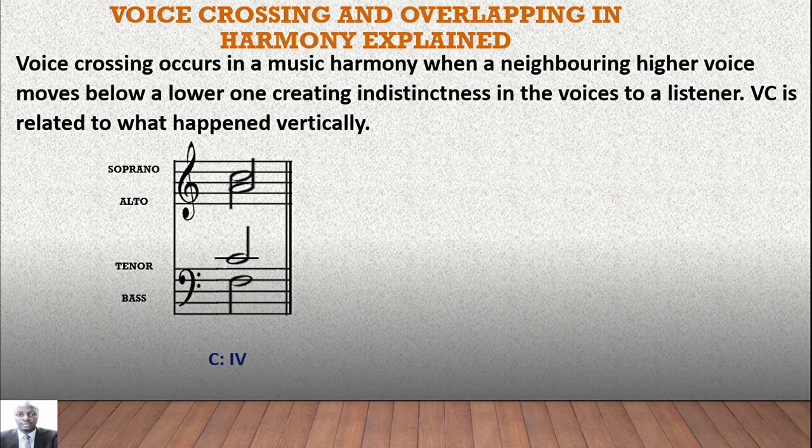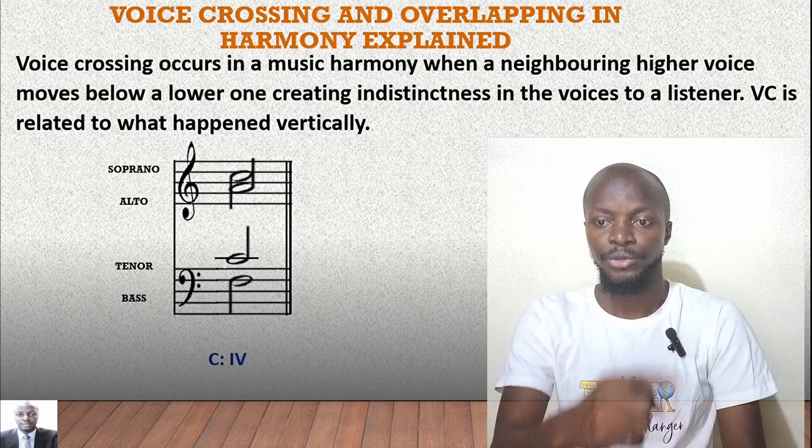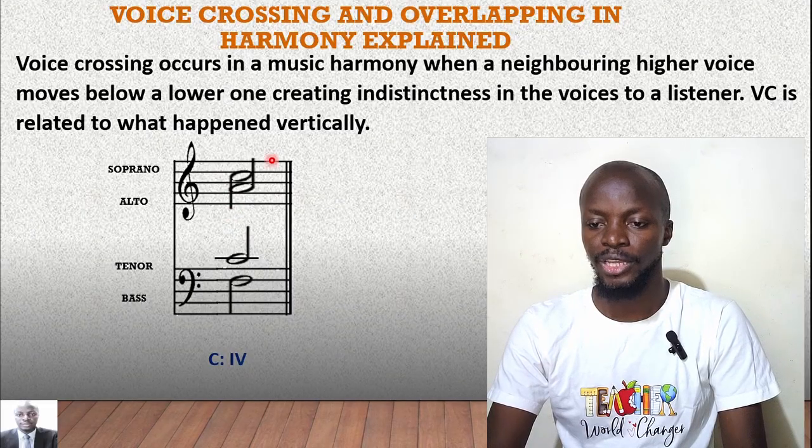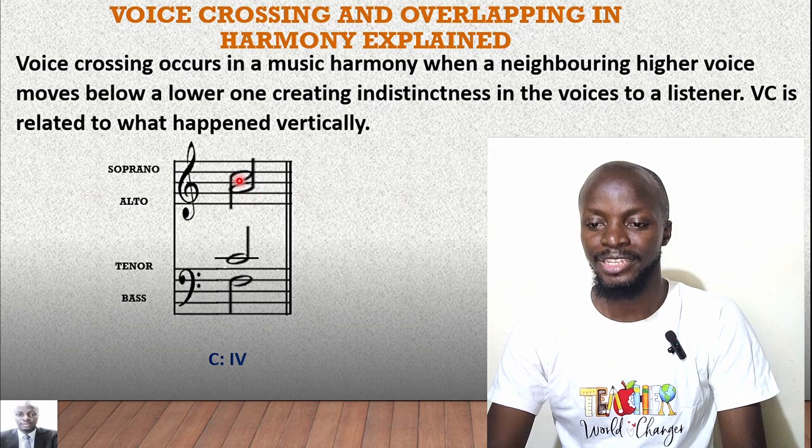Now, voice crossing is related to what happens vertically, right? Now, let's see what happened in this example. Judging by the note stem, you see that the soprano note is below the alto note. So the alto note is higher than soprano here, and this should be avoided. This is totally wrong, right? It should be in the order of soprano, alto, tenor, and bass, SATB.